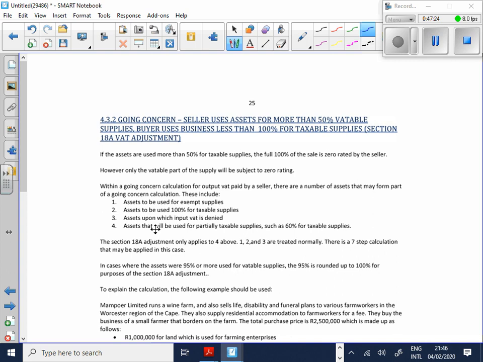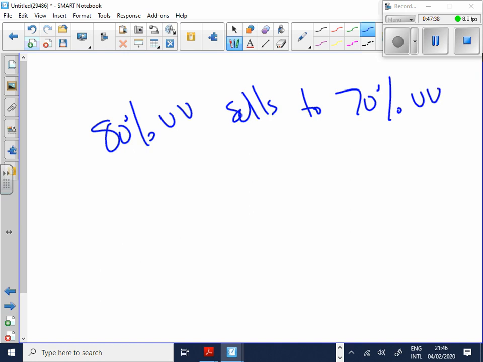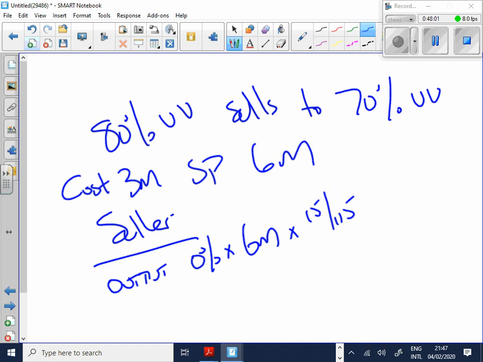So the normal transaction in an exam, guys, will be something along the lines of, they'll say 80% VAT vendor sells to 70% VAT vendor. Okay. Original cost was 3 million. Selling price is 6 million. So if you're going to do it from the seller's perspective, what you need to know at this point in time is output 0% times by 6 million times by 15 over 115.